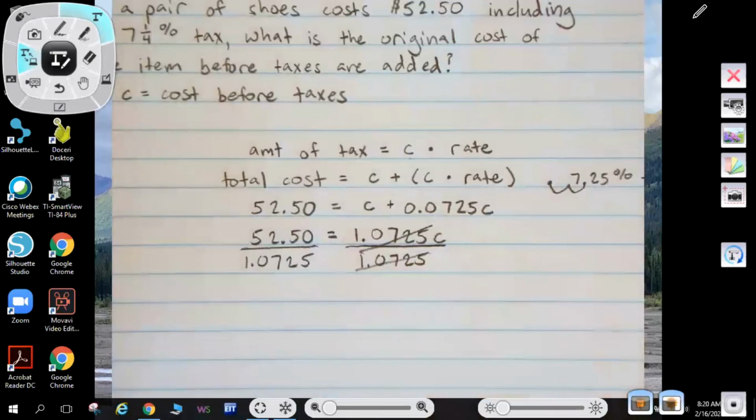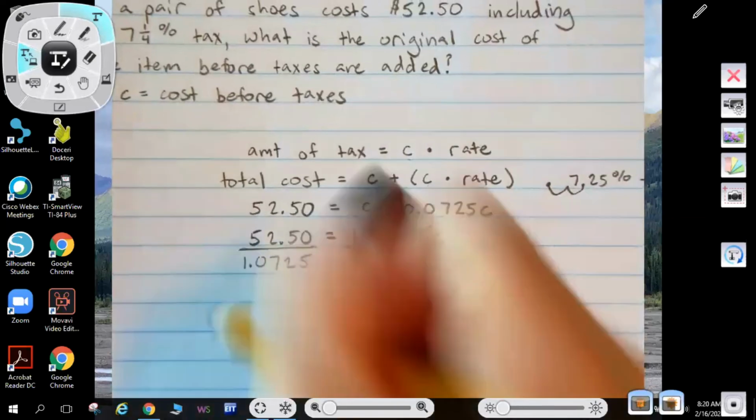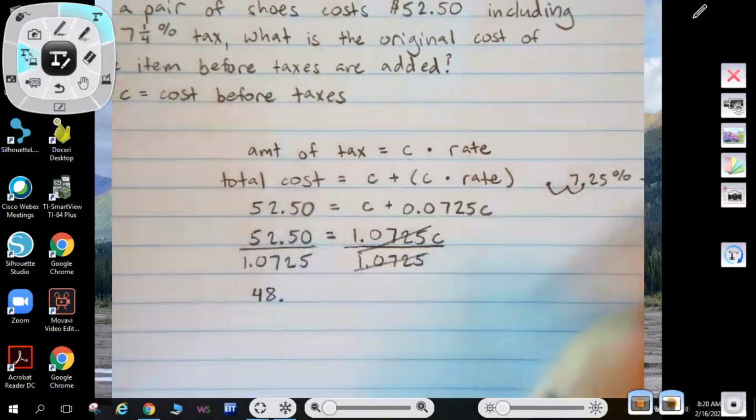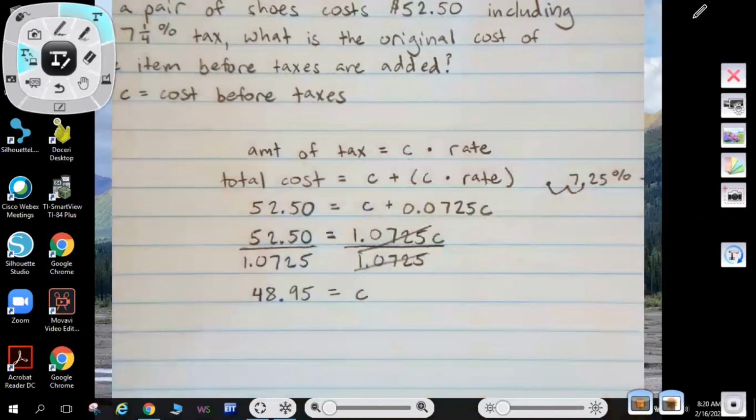Can do this in our calculator. 52.5 divided by 1.0725. We get 48.95. Rounded to 2 decimal places because we're talking about the cost of an item, and that's always 2 decimal places.